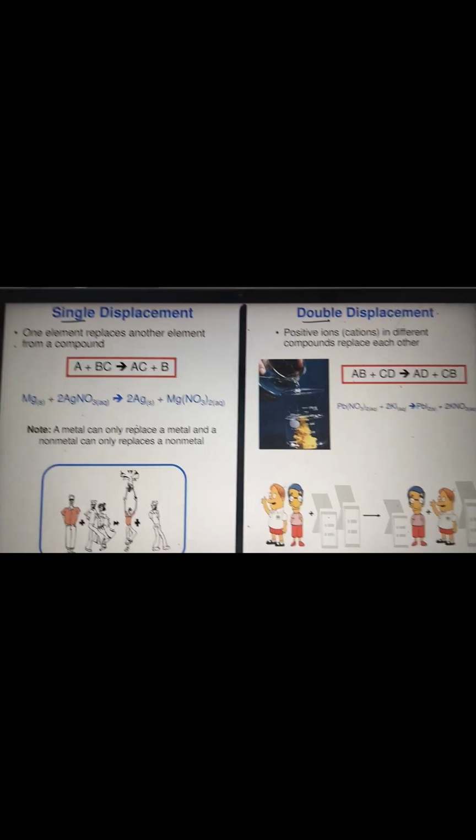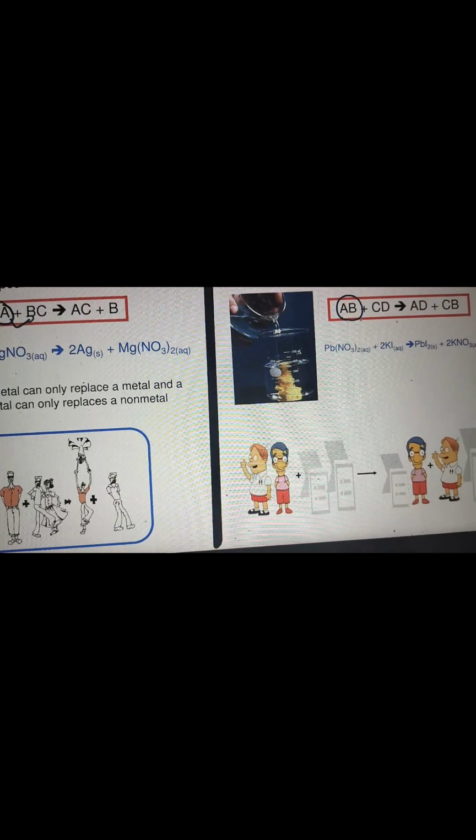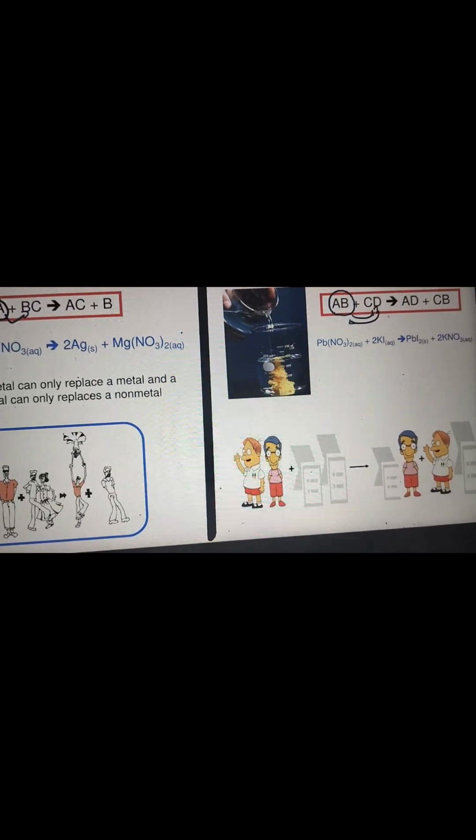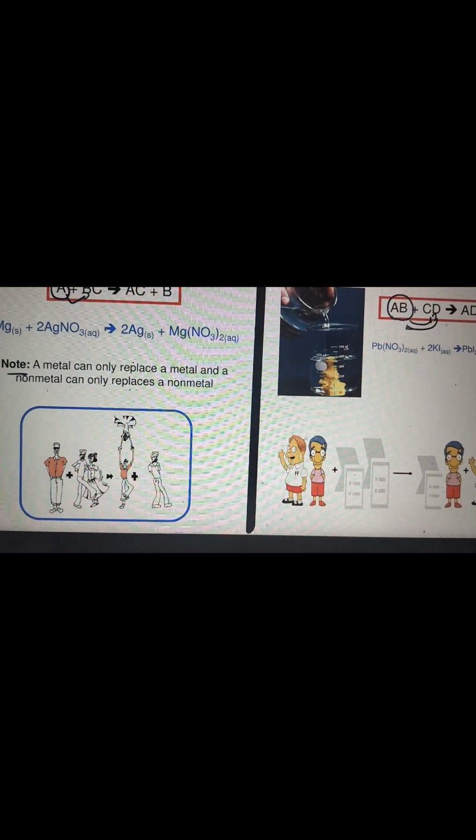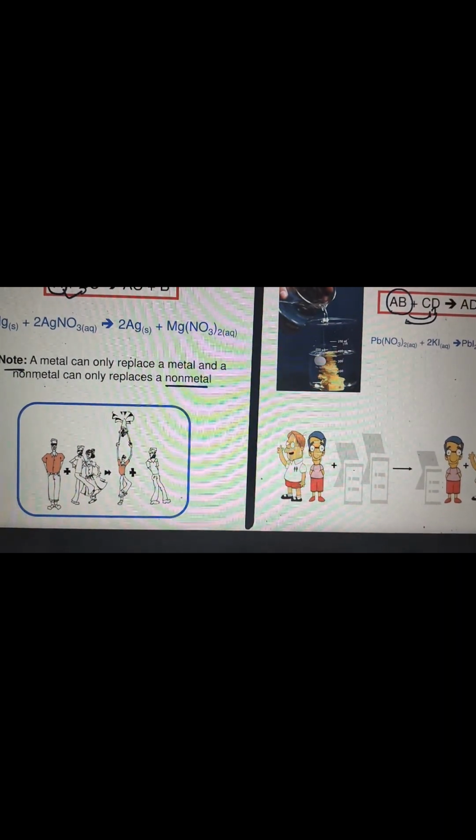Next, this is my single displacement, here is my double displacement. The only thing is we have only one element over here which will be displacing, and here we have two elements which will get displaced in each other's place. Note, this is a big note: a metal can only replace a metal, and a non-metal can only replace a non-metal. I have taken this because it is a very important MCQ.